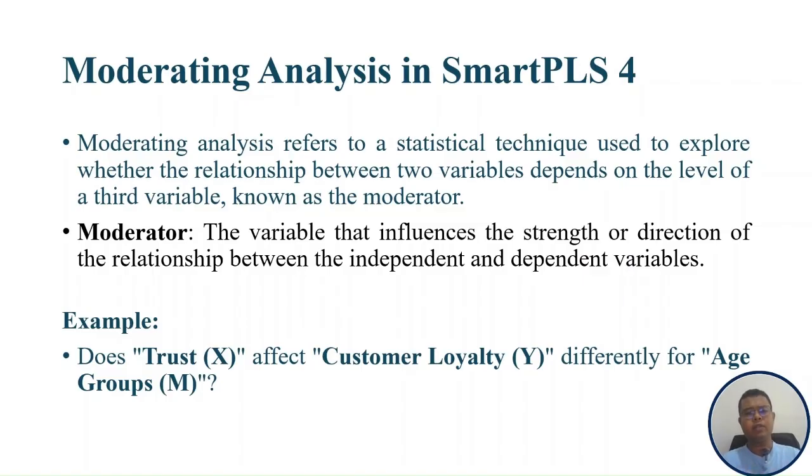So what is a moderator? It is the variable that influences the strength or direction. Two keywords: number one is strength, and number two is direction of the relationship between the independent and dependent variable. It's called the moderator variable. For example, there are two variables: trust, which is the X variable, and the dependent variable, customer loyalty.